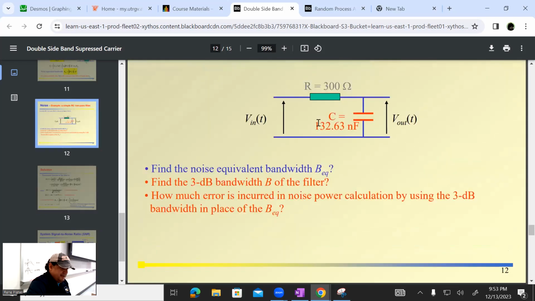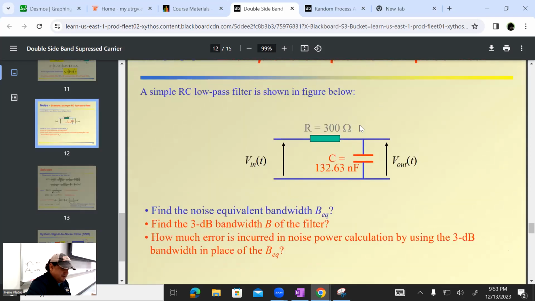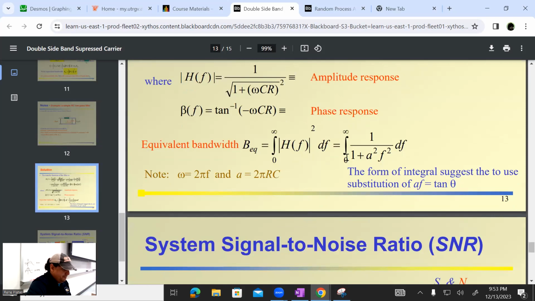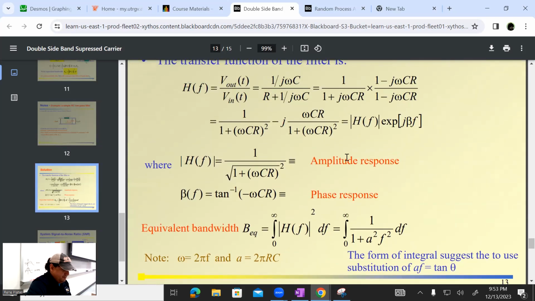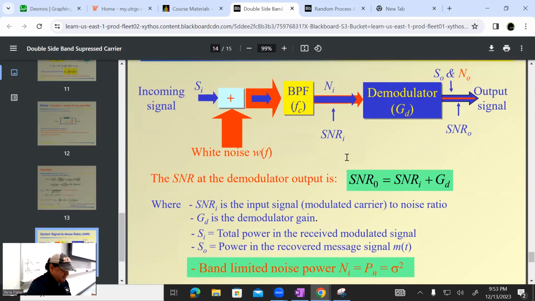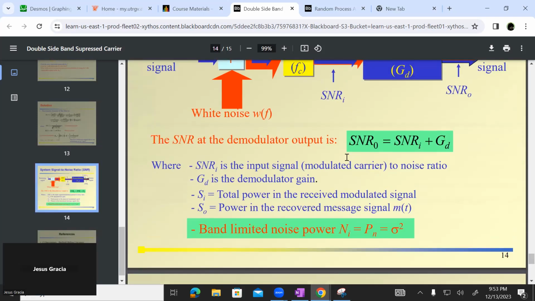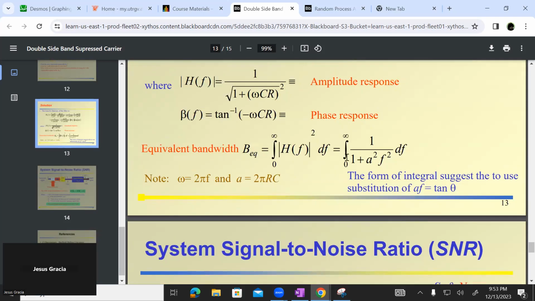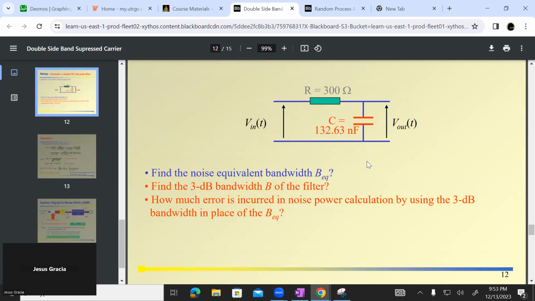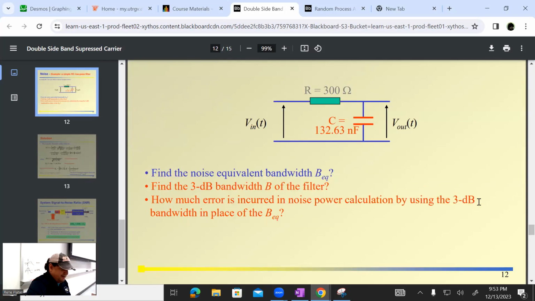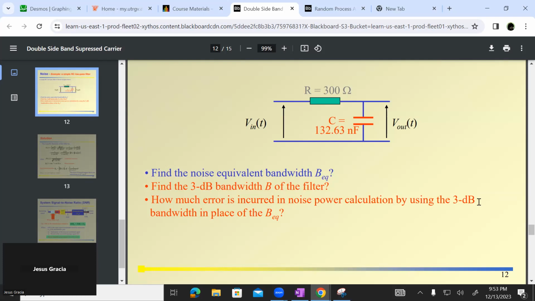It's not even using these values. It's pretty cool. And it doesn't even finish the question. It does one part of the three parts. Yeah, it doesn't find the 3 dB or the error either. So I don't know what it's gonna ask for because we didn't go over that.